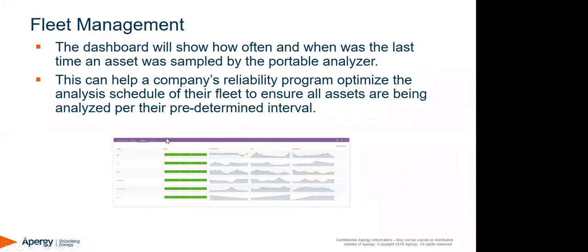So now I can start looking at all the data that I'm collecting with my portable analyzer for different assets. I can compare and contrast those against one another in one place. This will really help a reliability program optimize the analysis schedules of their fleet and ensure all assets are being analyzed per the predetermined interval, whether it's monthly or quarterly or yearly.